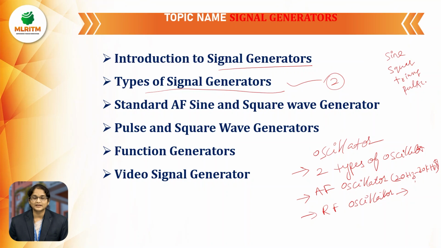For example, we'll take the function generator. In the laboratory, we use the function generator. Function generator will generate sine, square, triangular and pulse signals. We generate these with the help of this function generator. Not only the function generator, we have many signal generators: the pulse and square wave generator, function generator, and video signal generator also.